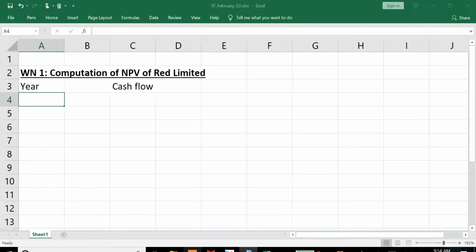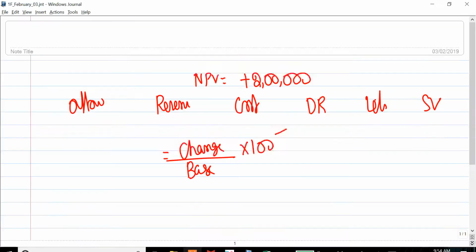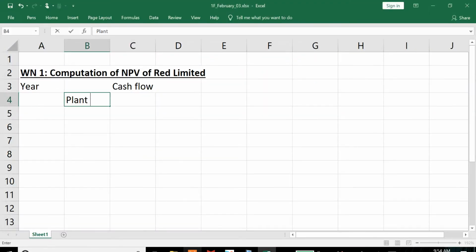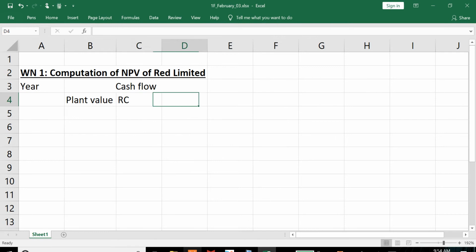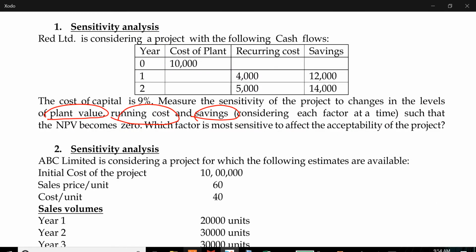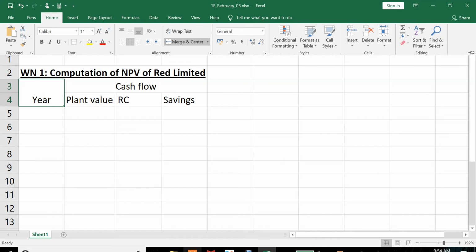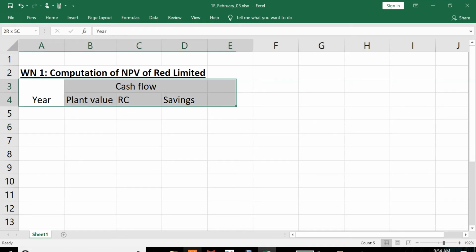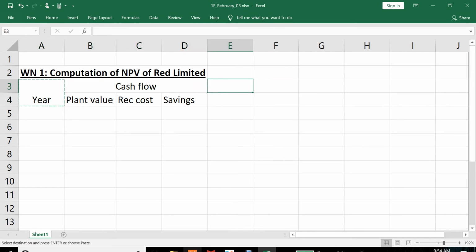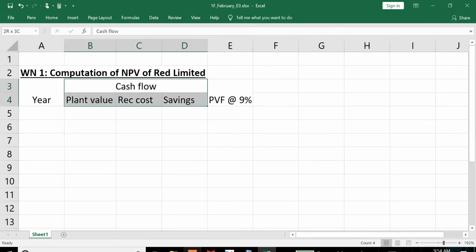The cash flow will be split as plant value, recurring cost, savings. PVF at 9%. DCF again 3 subcolumns.